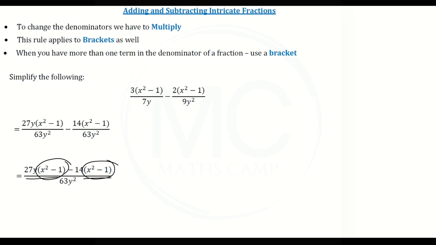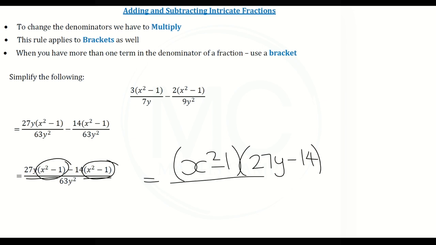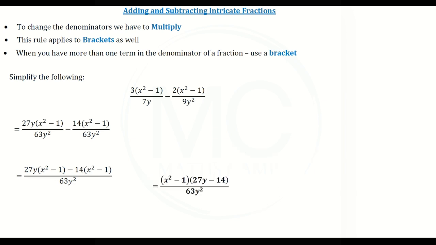So we can take it out. And we're going to get x squared minus 1. And left over, we have 27y minus 14 all over the denominator of 63y squared. And we have now completed this question. You will see more examples like these in our upcoming videos.